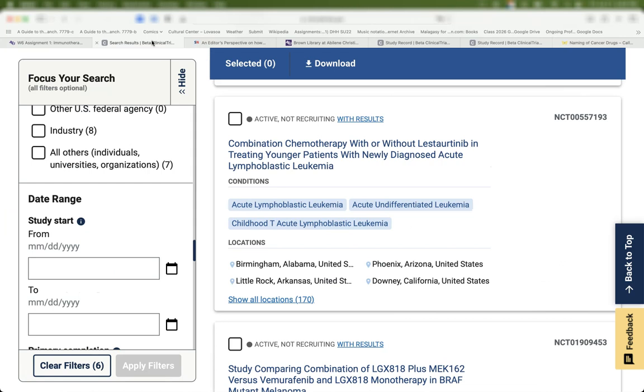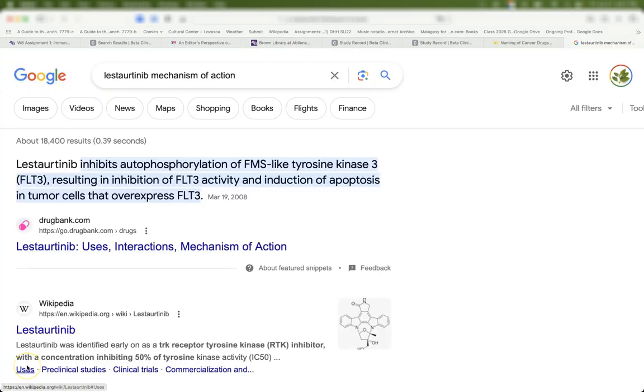Now, if we then were going to investigate just that particular drug, we can drill in a little bit more, because if you just said it's a tyrosine kinase inhibitor, that's not super specific. As opposed to, if we're searching specifically for the mechanism of action, we see another level of detail here.